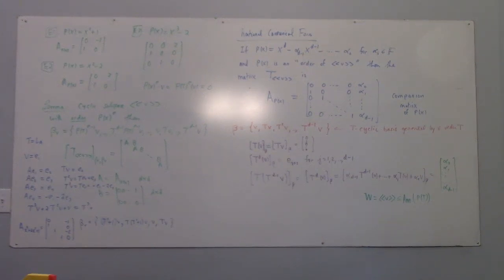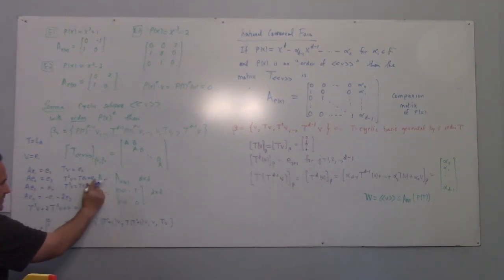Sorry. Oh, sorry, I got confused all of a sudden. E1 is V, E2 is TV, T squared V is E3, T cubed V is E4, my bad.